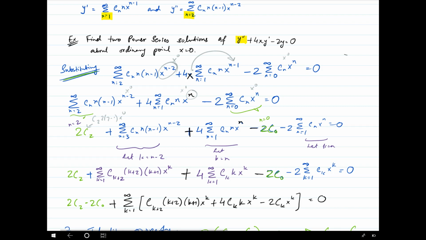Same thing here: as I already took 2, I should start at 3, and everything else remains the same. This chunk remains the same here. Over here, I need to get rid of that x to the 0 term, which is when you put n equals 0 here, you're going to have negative 2 c sub 0 x to the 0, which is that minus 2. As I already used 0, now I start at 1.